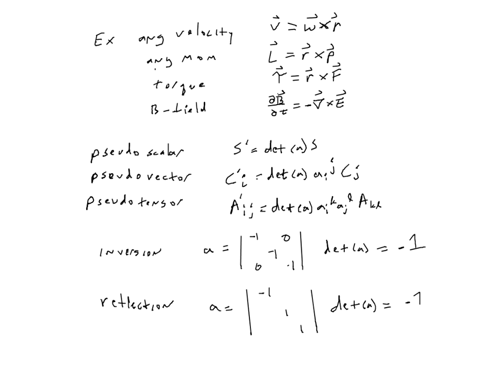And so in here, the determinant of A is also equal to -1. But if you did a rotation, where you have like 0, 0, 1, 1, 1, then here the determinant is equal to 1. So a pseudo-vector or pseudo-scalar, under rotation, won't flip sign.